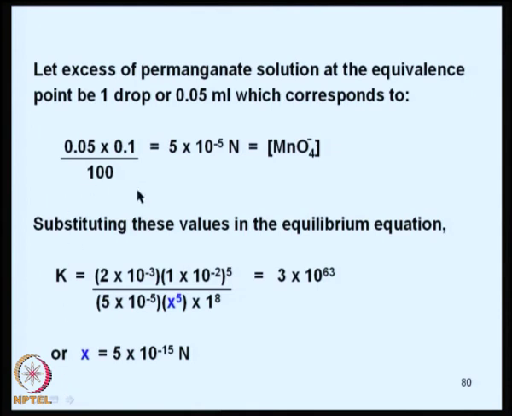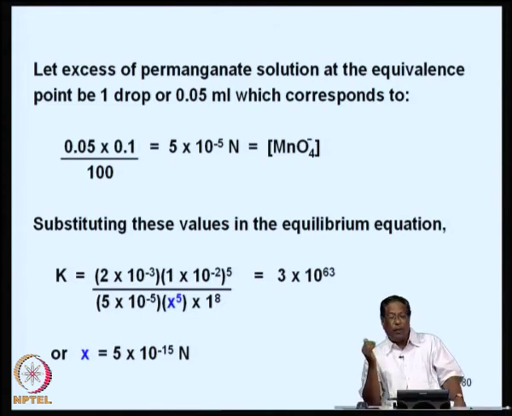So, if I add a little excess of permanganate solution at the equivalence point, how will you add? A little excess means 1 drop basically. So, if you add 1 drop, that approximately corresponds to 0.05 milliliter.